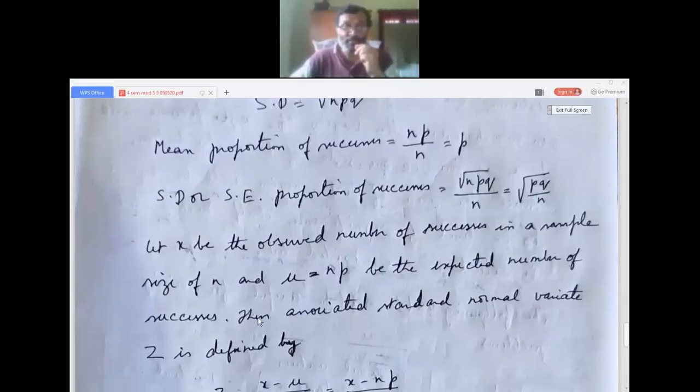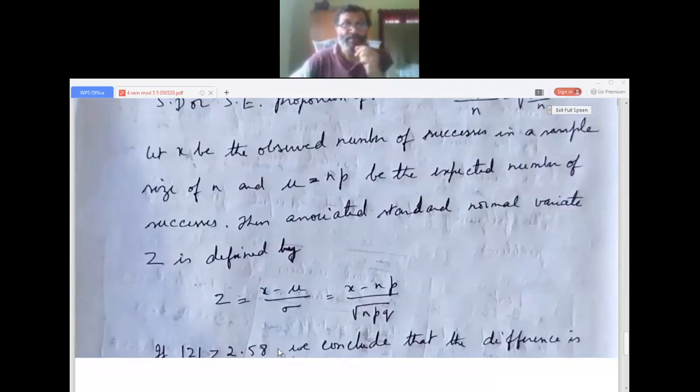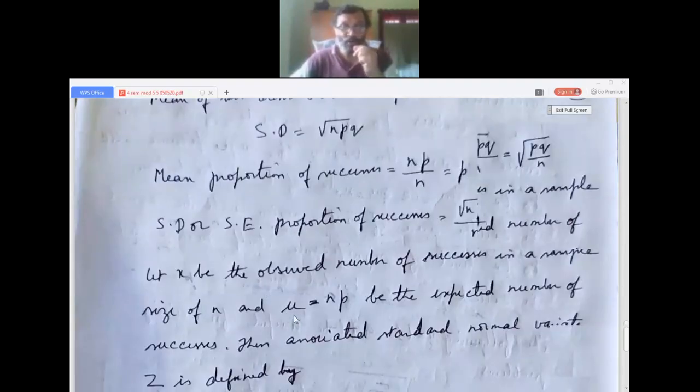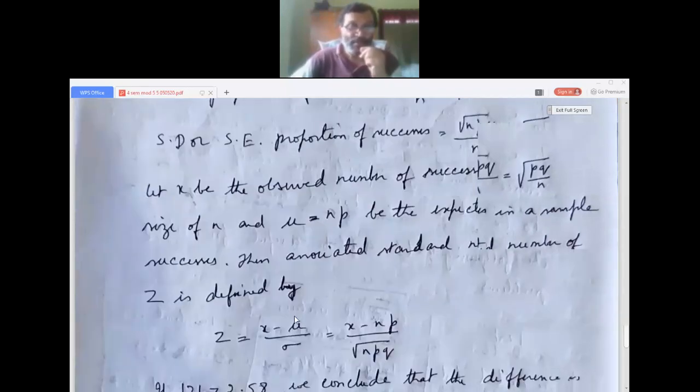Now let X be the observed number of successes in a sample of size N, and mu equals NP be the expected number of successes. Then the associated standard normal variate Z, as it came before also, is given by Z equals X minus mu by sigma.